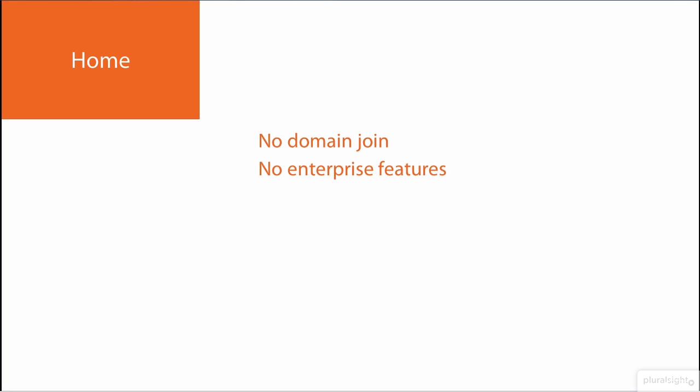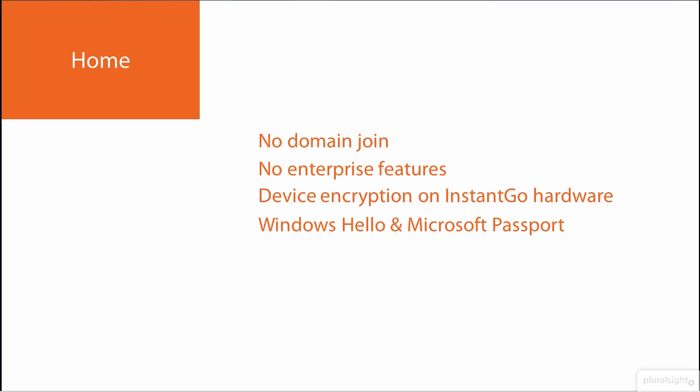Home Edition does support the pervasive device encryption, an automatic sort of BitLocker-like hard drive encryption on hardware that supports the InstantGo standard, or Connected Standby as it was known in Windows 8, and TPM 2.0 in hardware. Home also supports the Windows Hello biometric authentication and Microsoft Passport authentication to the cloud. Cortana Assistant is present and accounted for, as is the new Edge lightweight browser.